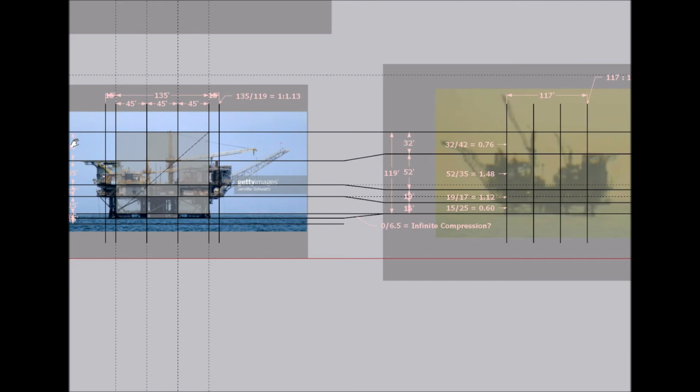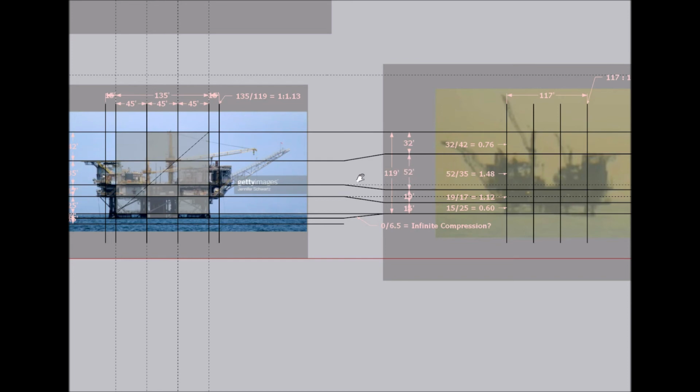Whereas it was 42 feet on the baseline photo, it compresses down to 32 feet on the refracted image. The area from the second level to the helipad is expanding significantly. It's extending from 35 feet to 52, apparently 52 feet.